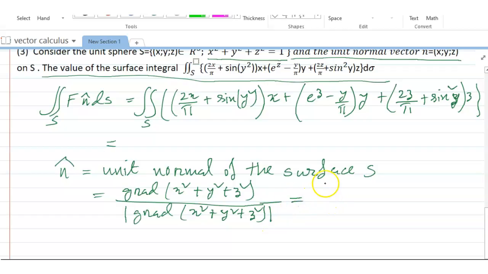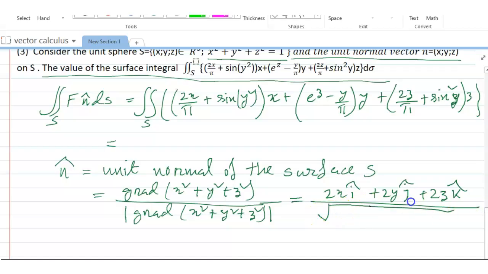Applying this, 2xi plus 2yj plus 2zk divided by root over 4x square plus 4y square plus 4z square.